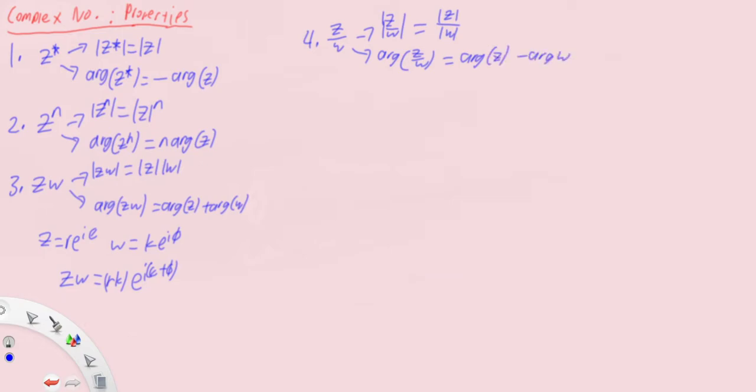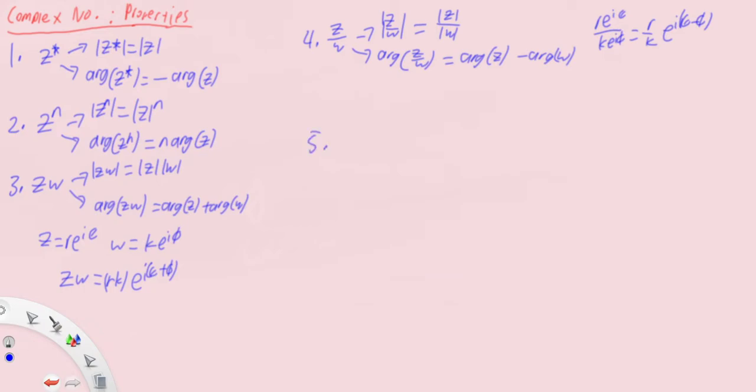You can prove it again with the exponential form. re^(iθ) over ke^(iφ), you get r over k as the modulus, e^(i(θ minus φ)). So that's why the argument is simply arg z minus arg w, θ minus φ.